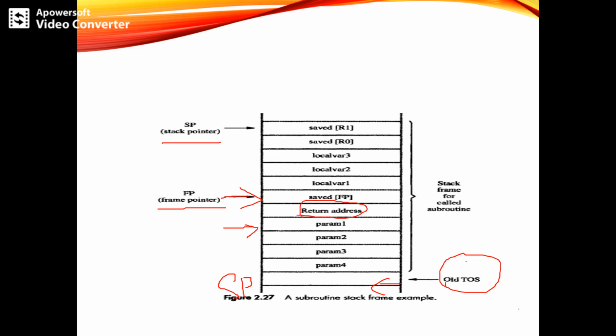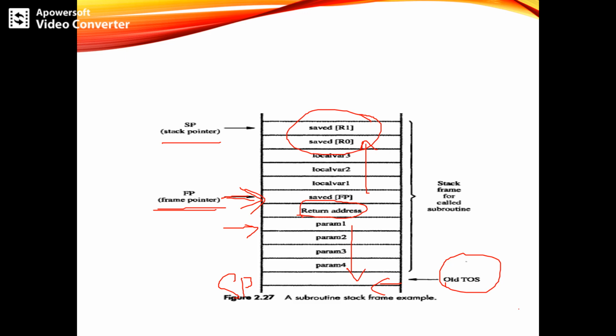After that, we copy the saved content of SP, and here I'll fix the pointer, that is the frame pointer. So now the frame pointer is fixed. With respect to FP, we can access the local variables as well as the parameters, or else the content of any saved locations within the stack.